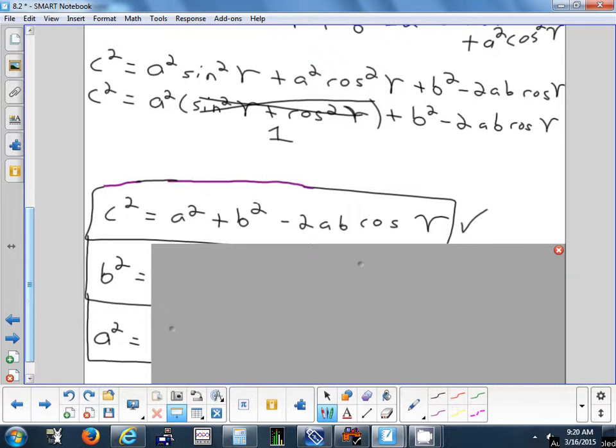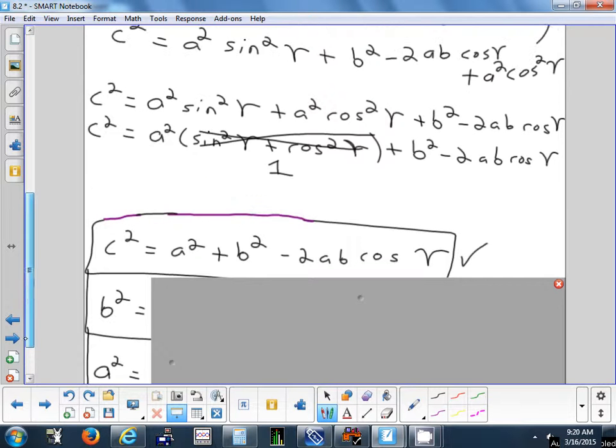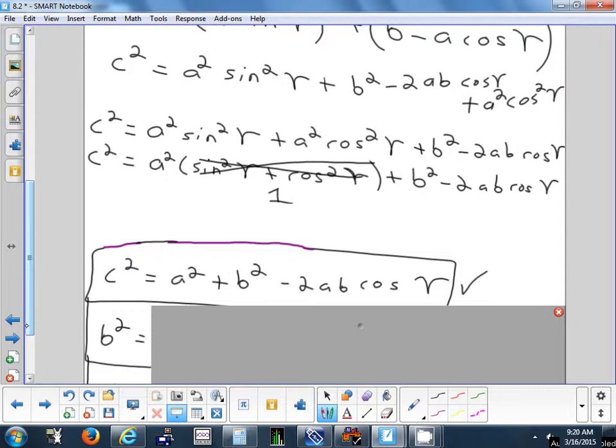Based on the pattern up above, I'm not going to prove it 3 more times, but anybody think they can tell me what the second one would be, or at least what would come next? b squared equals what? a squared plus c squared.